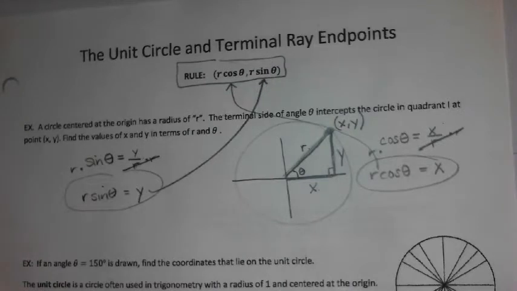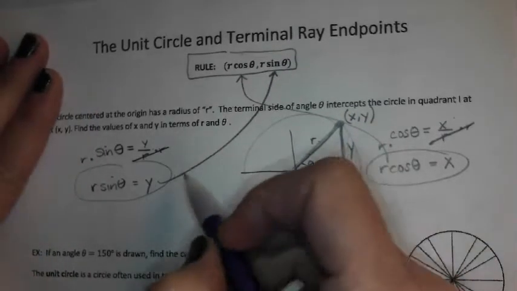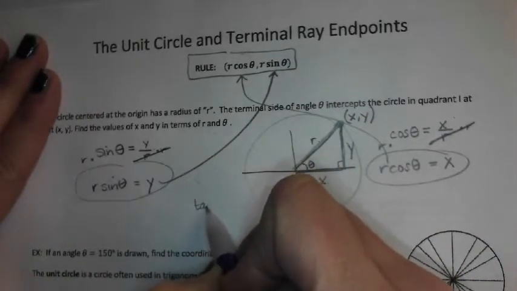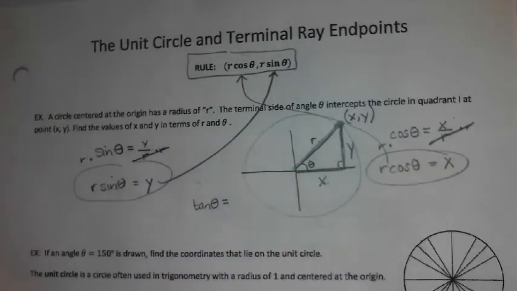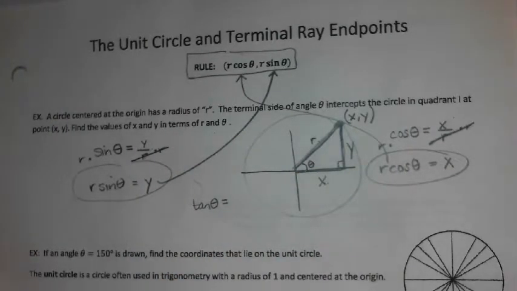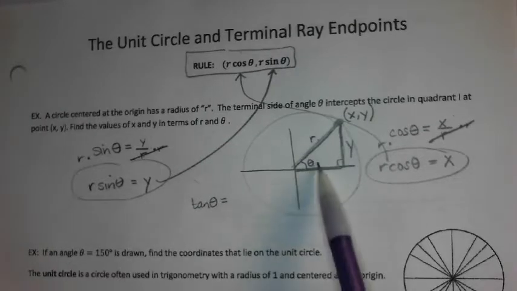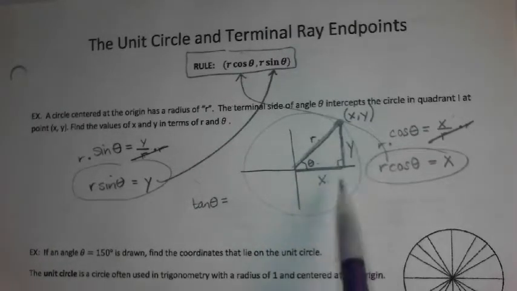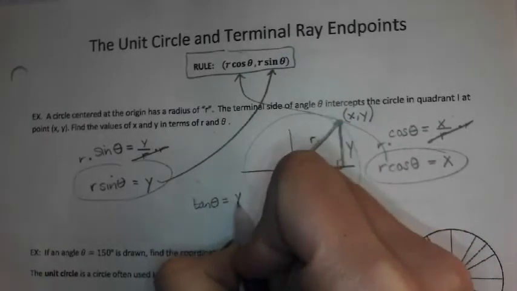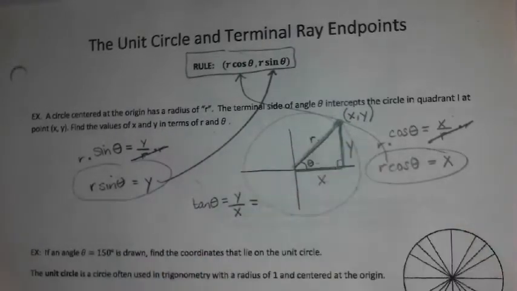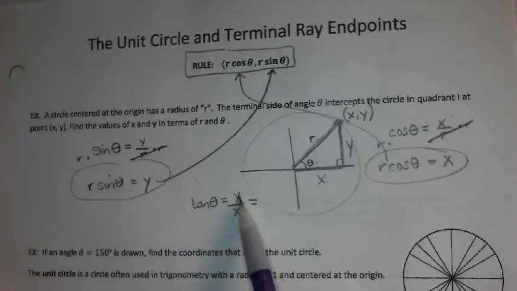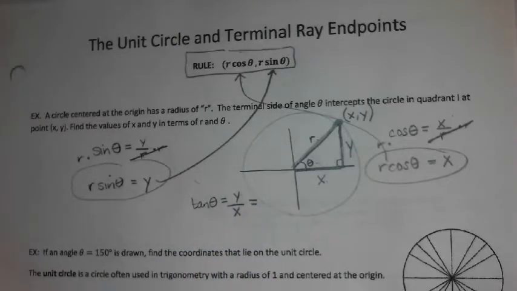For just the exploration of it, let's look at tangent of theta. What would that be in our picture? Y over x. We're going to expand upon this because we can substitute out the y and replace it with what? What's an equivalent expression for y?